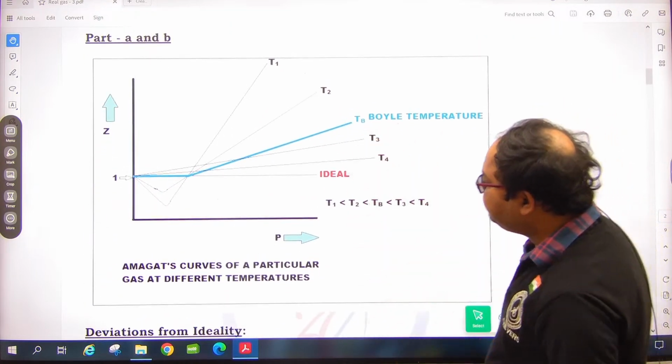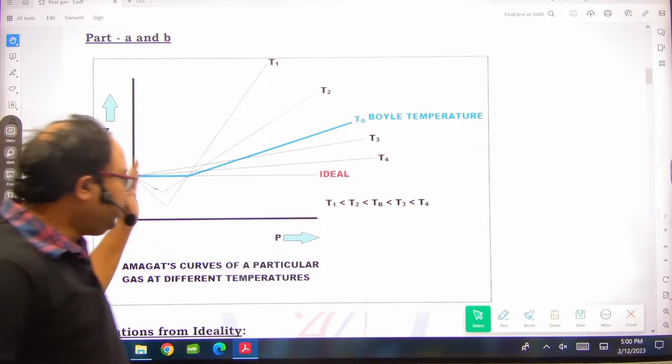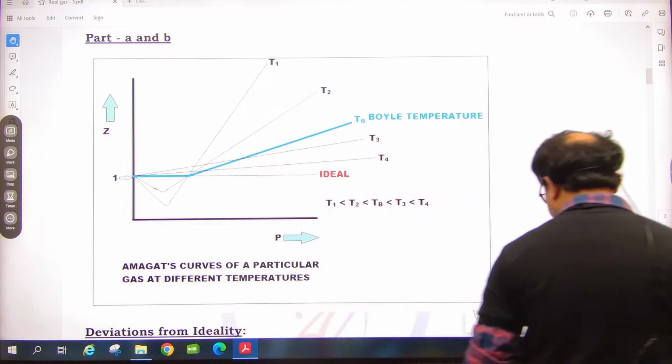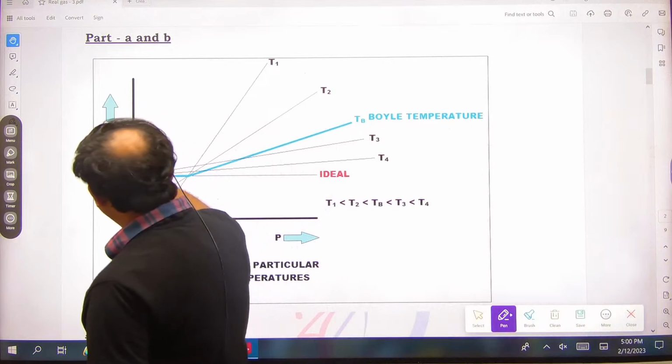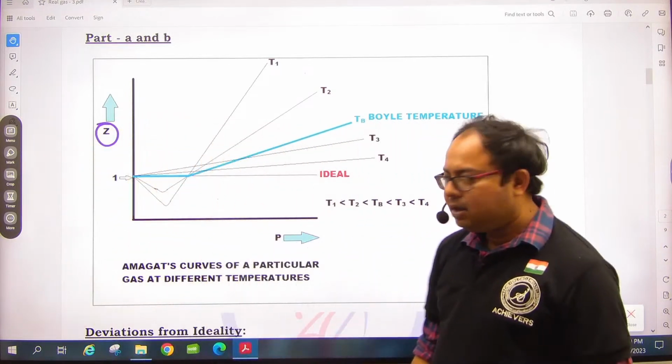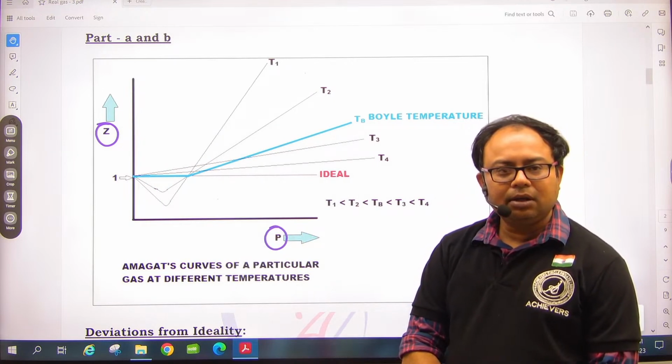You see, you are plotting Z with respect to P. So Z is plotted along y-axis and P is plotted along x-axis.